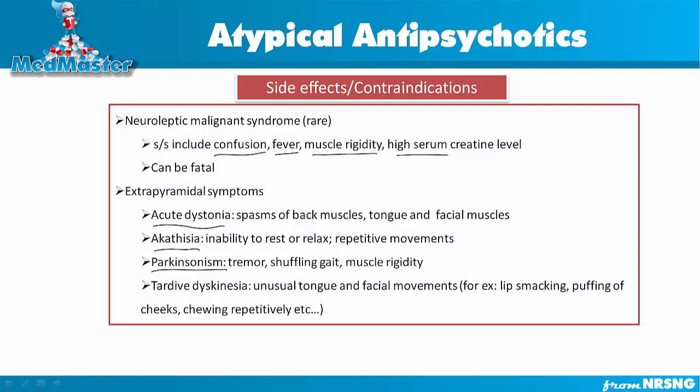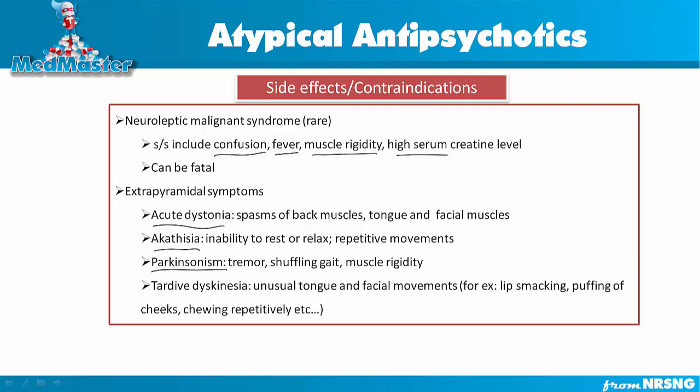Parkinsonism includes tremor, shuffling gait, and muscle rigidity, which is the same as Parkinson disease. Because if you remember the pathophysiology, Parkinson's is caused by a decreased level of dopamine.